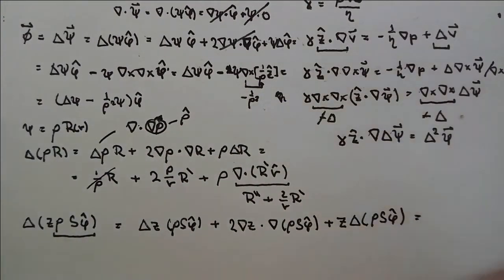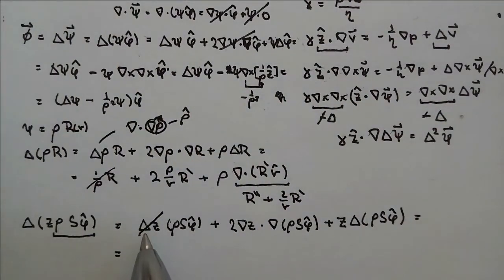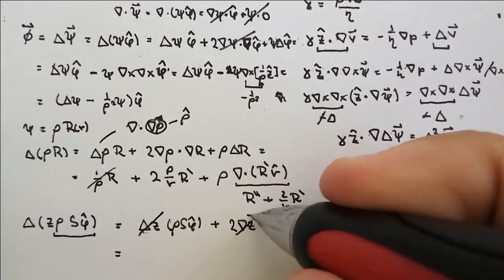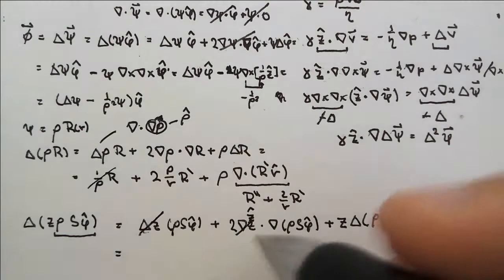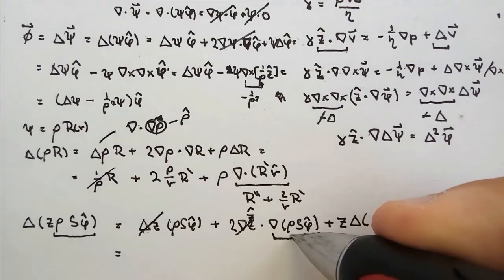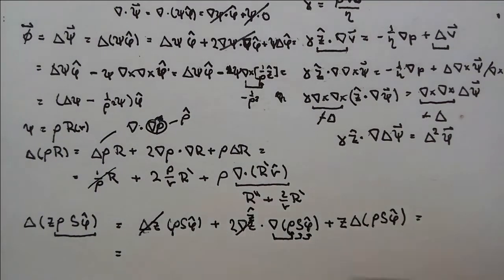Well, this is not so hard to do, because Laplacian of z is 0, because it's a second derivative of z. You can imagine the Laplacian in Cartesian coordinates, where it's basically the sum of the second derivatives, so this is 0. This is going to be z hat, and the gradient is going to operate on this and this and this respectively, because of the Leibniz rule.